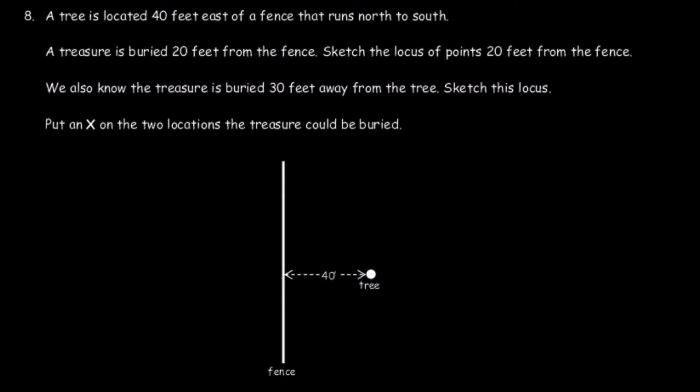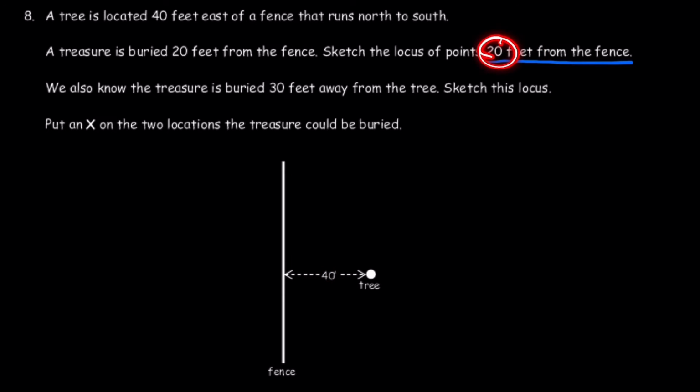That's great. It says a treasure is buried 20 feet from the fence. Just sketch the locus of points 20 feet from the fence. Well, 20 feet from the fence, since that's a line, will be 2 lines, one on either side. But we have to pay attention to the distance, 20 feet and this. That's 40 feet.